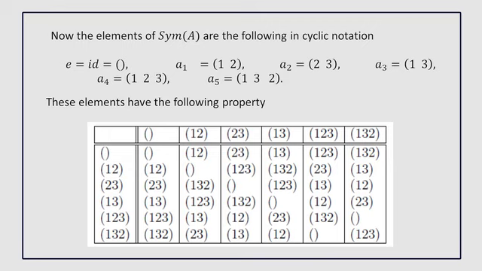So from this table we can see that if we combine any two elements, then we get some element of this list, not another element. The function satisfies some special kind of property, and this property gives birth to group theory.